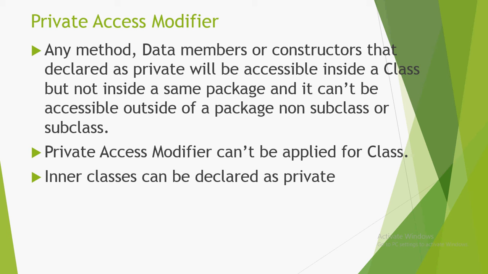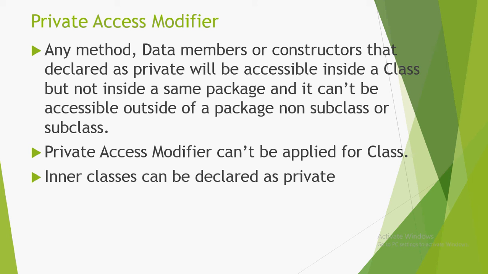And this private access modifier we shouldn't use with class declarations. If it is an inner class, we can use that. If it is a normal class and we declare private in front of it, it will show a compilation error. Why? Because if we give the private access modifier to this class, there is no meaning for OOPs concepts.